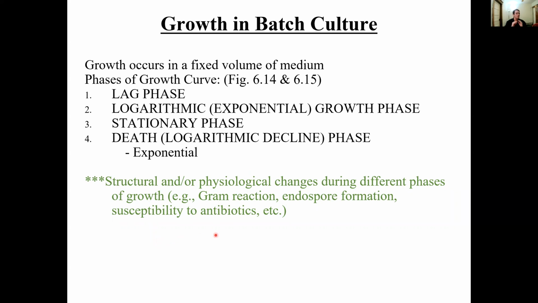What would the individual organisms look like? Because that is important, in terms of your gram reaction, as we just discussed. When would the endospores form? So if you want to do endospore staining, when would be a good time to do that? And other testing, including the susceptibility to antibiotics.